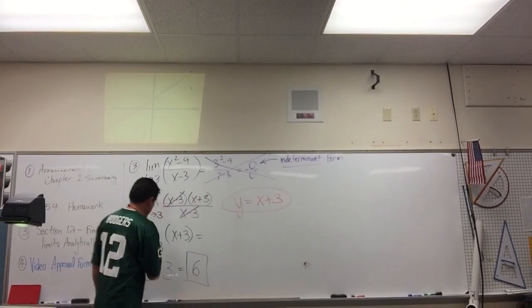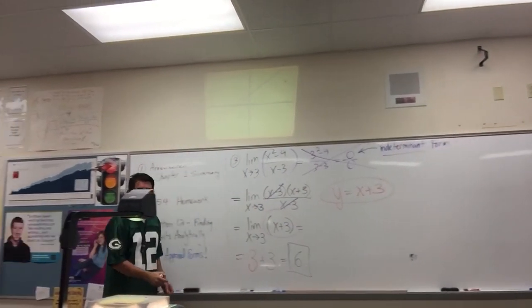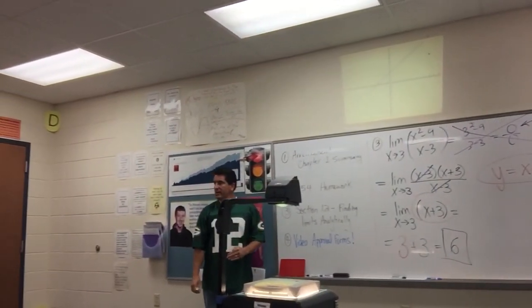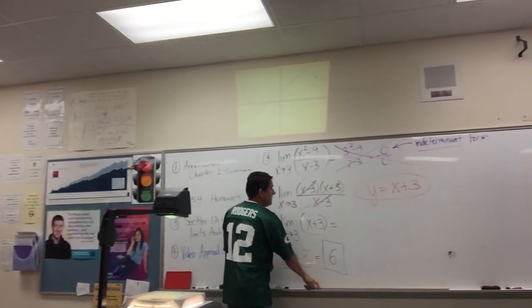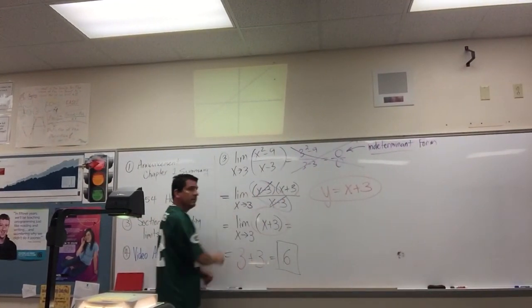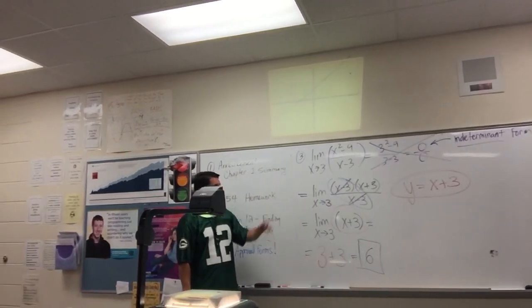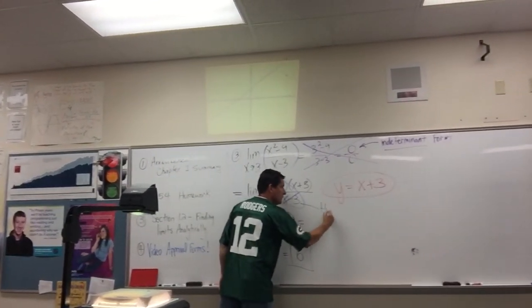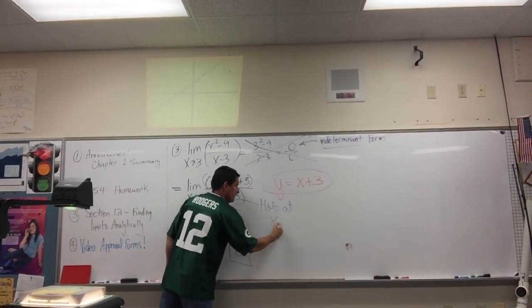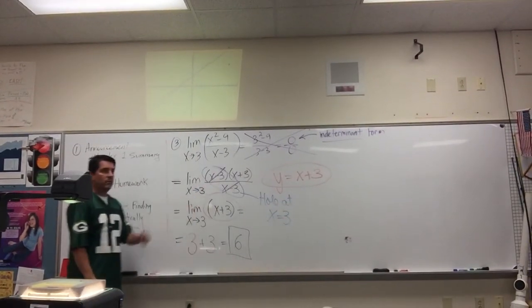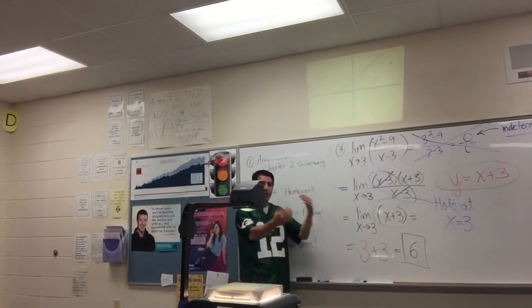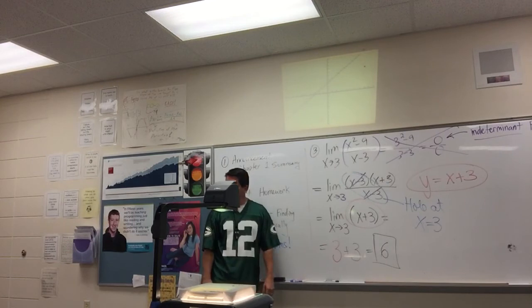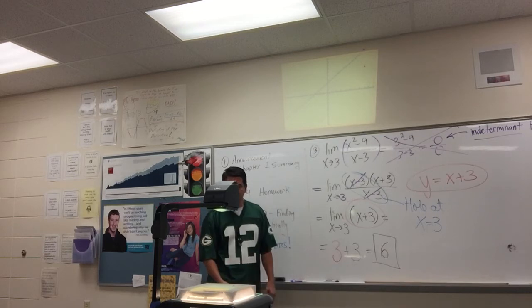Agree? It's what you get after you cancel. So the trick is to see that when you cancel the numerator and denominator, the value that makes that factor 0 is where there's a hole. So this tells you that there's a hole at x equals 3. And what's left over is the actual graph.